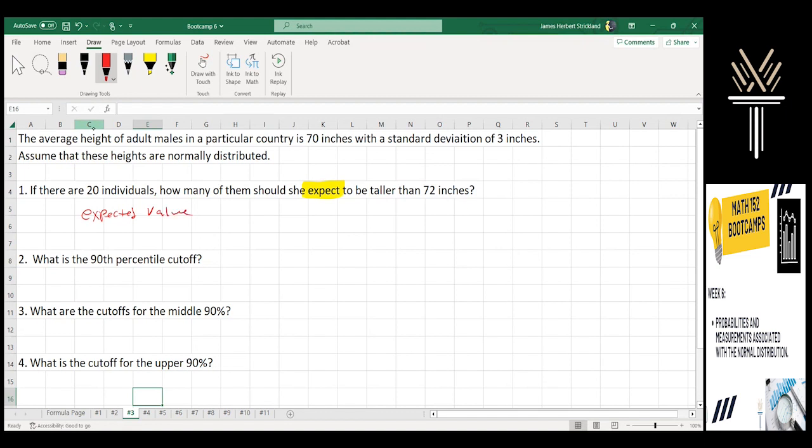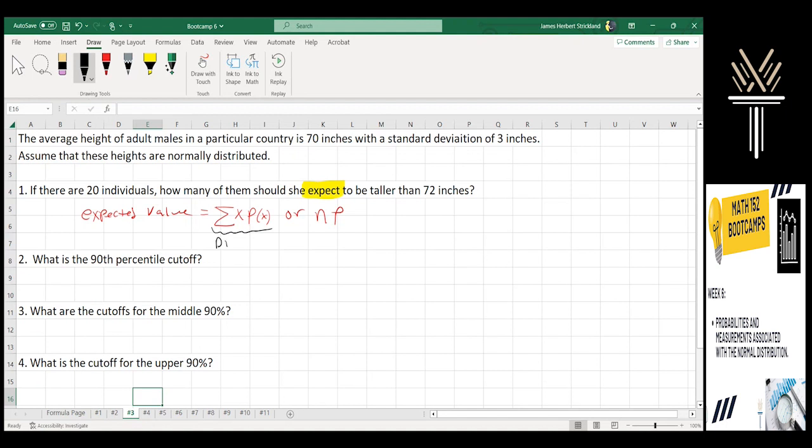And if you recall, there are 2 expected value formulas they expect you to know for this test. The summation of x times p of x, or n times p.